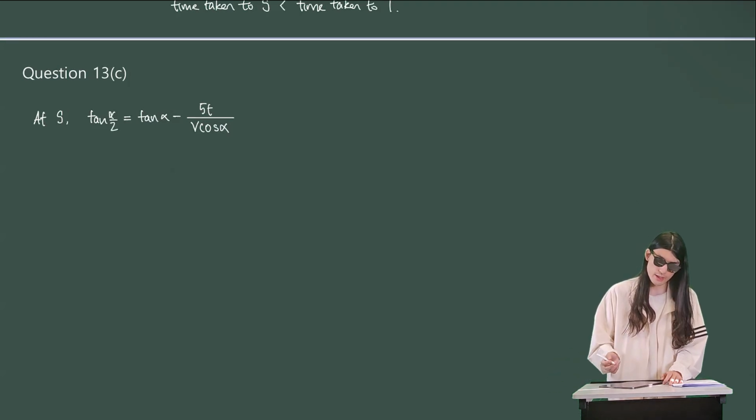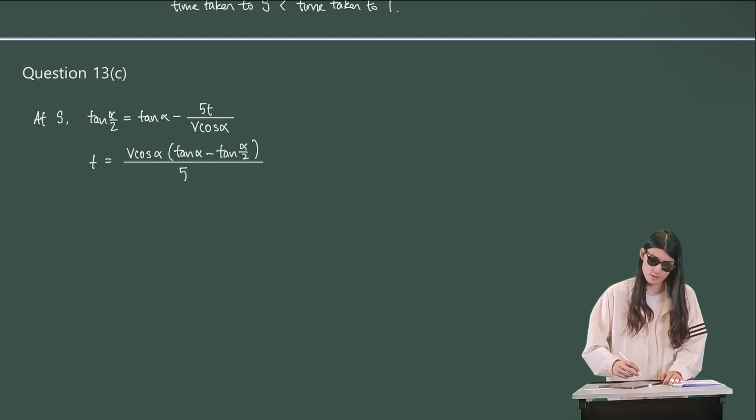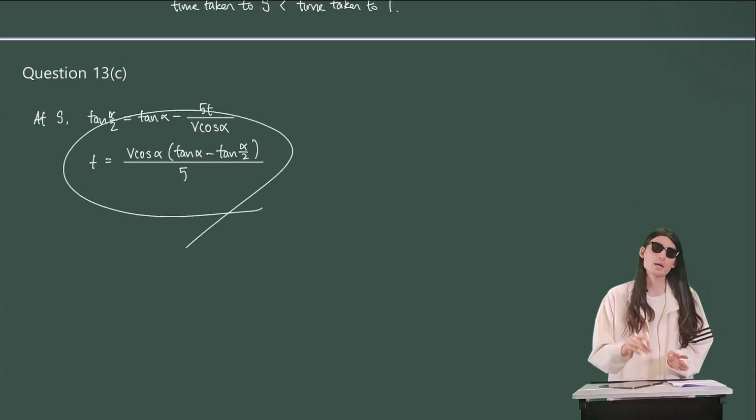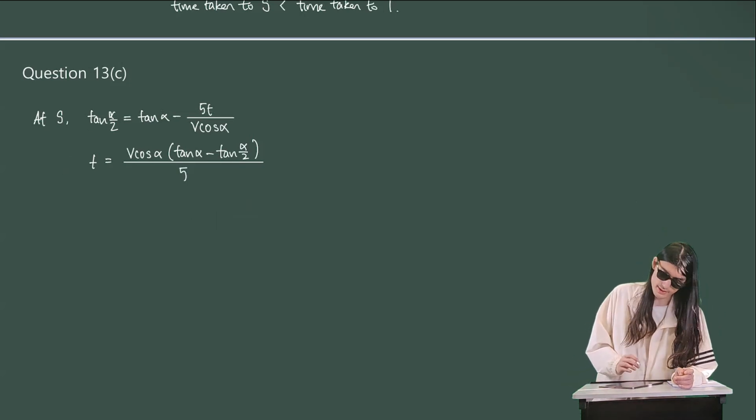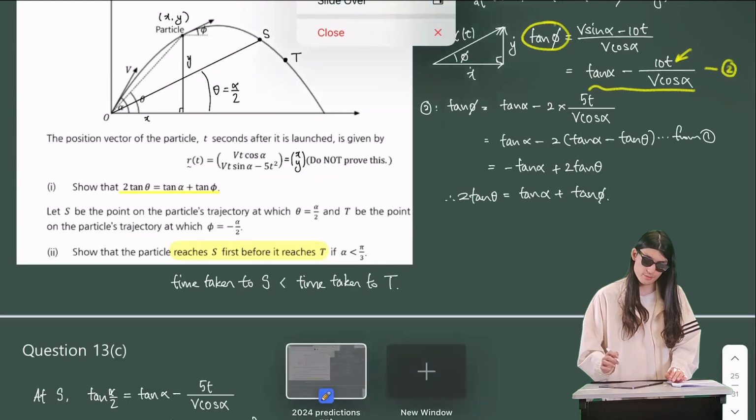And then if I rearrange this to make t the subject, like this. This should then be the expression for the time taken to reach point S, and that I will denote as TS.